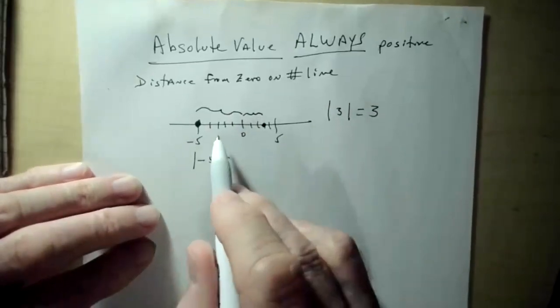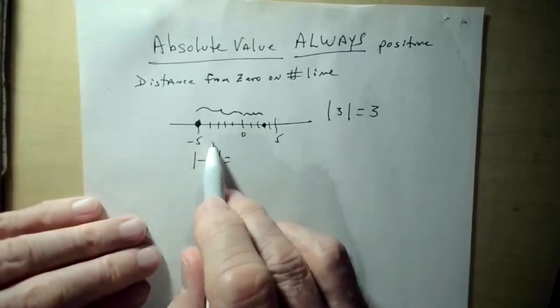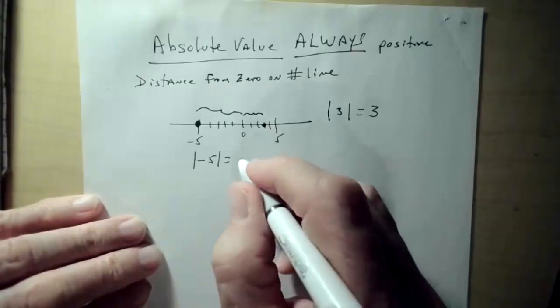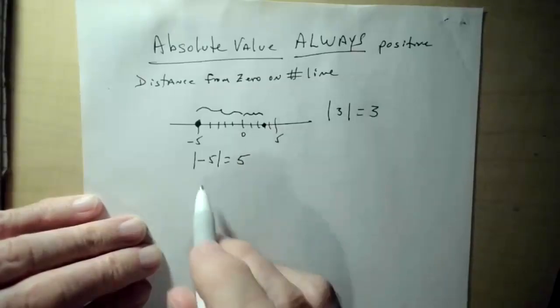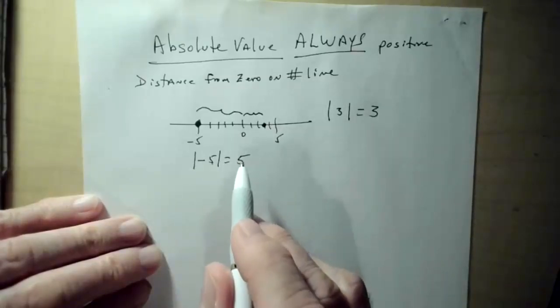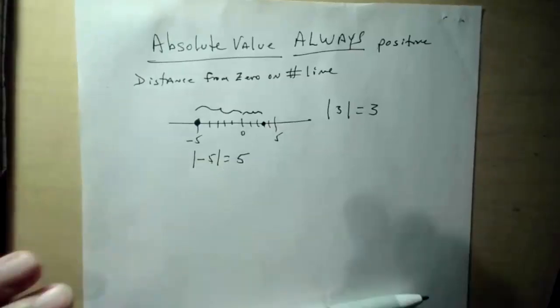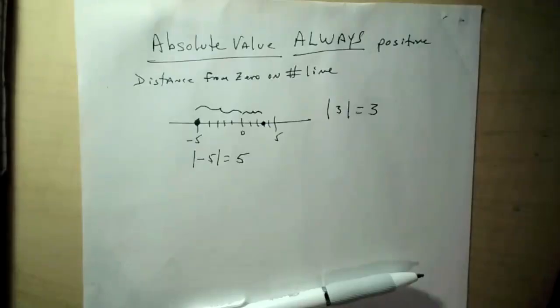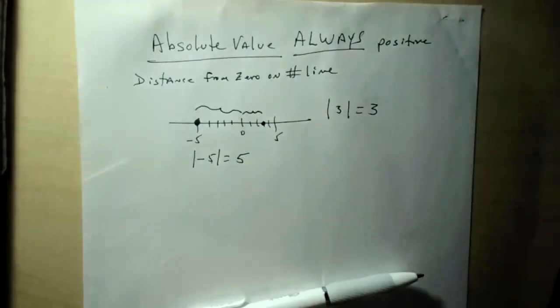Now what about -5? The absolute value of -5. Again, we're talking about distance, and what kind of numbers are distance? Always positive. The absolute value of -5 is 5.